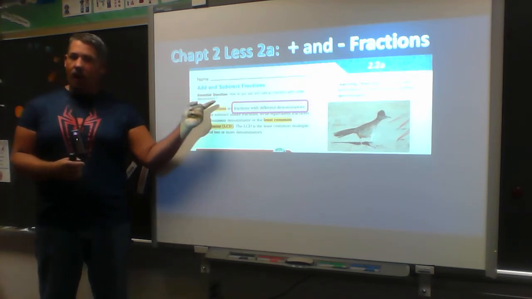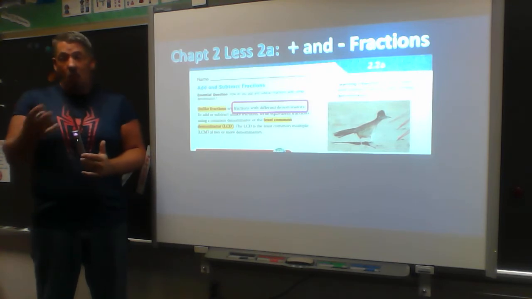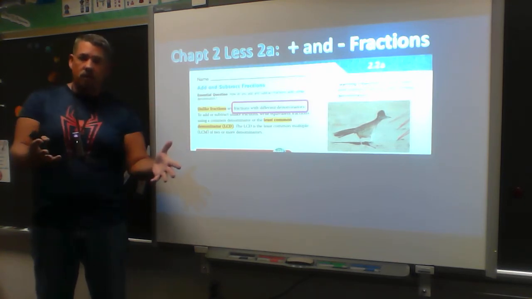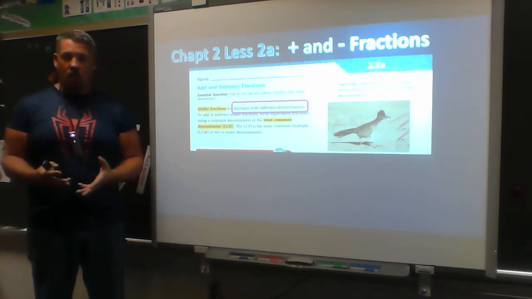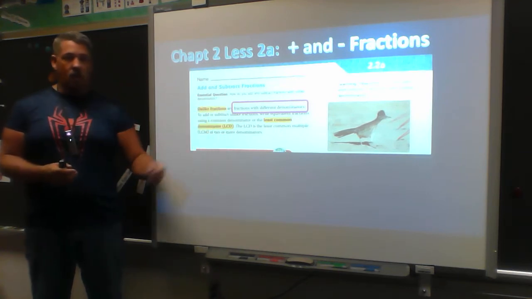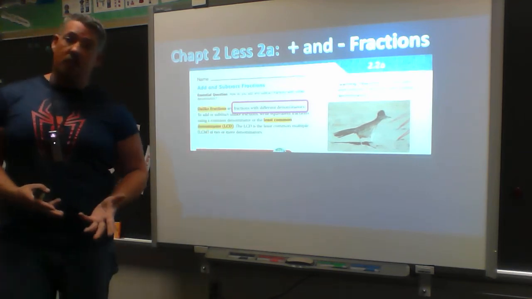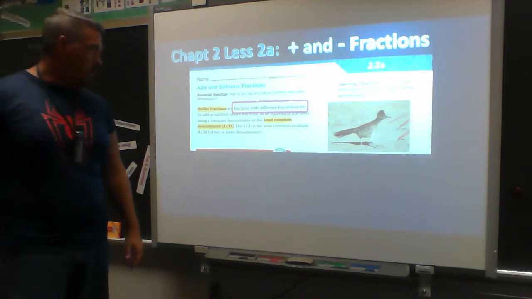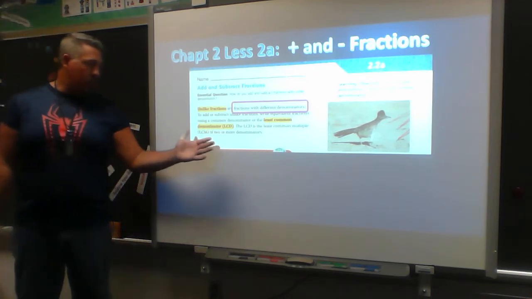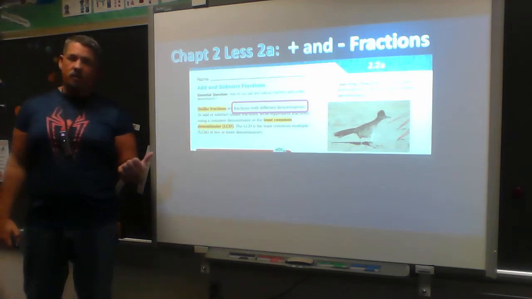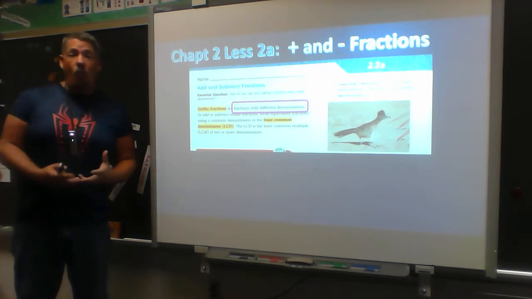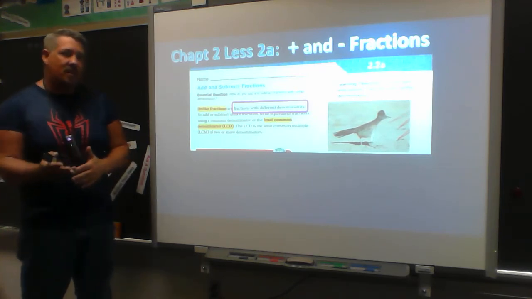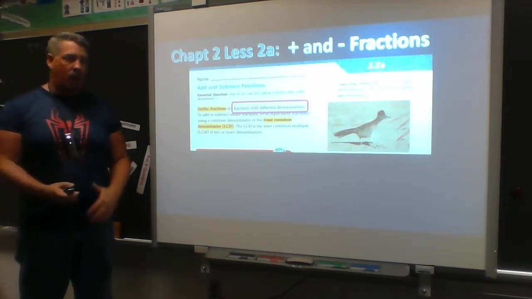But if they're not alike, if I'm talking about 1/5 and 2/3, not the same denominator at all. Those are unlike fractions. And those are the things that I have to change in order to do adding and subtracting. This least common denominator, we're going to show you on this first one. Once again, it's not wrong math. I just don't think it's the easiest math for everyone to understand.